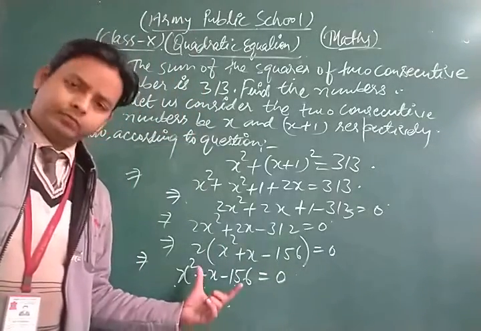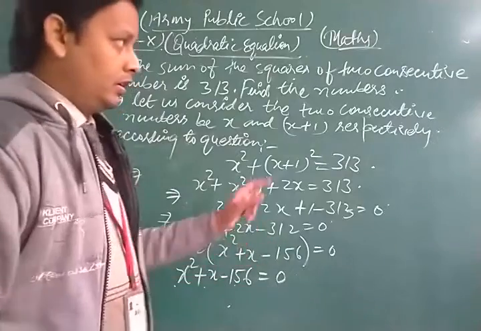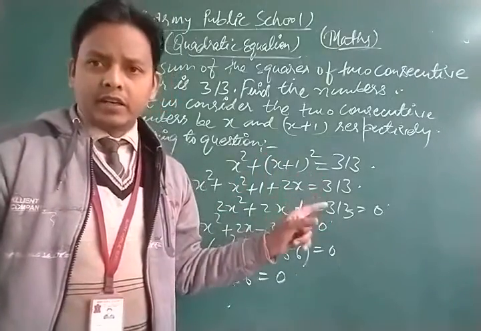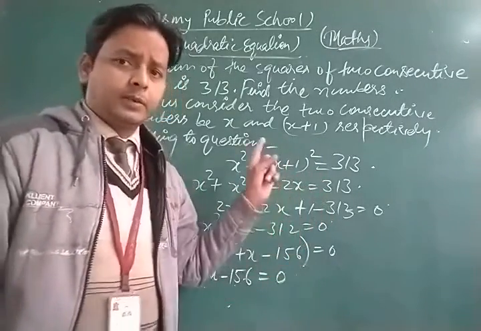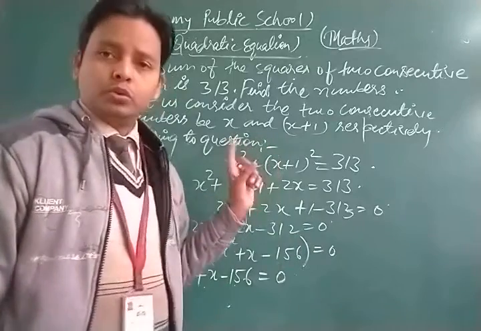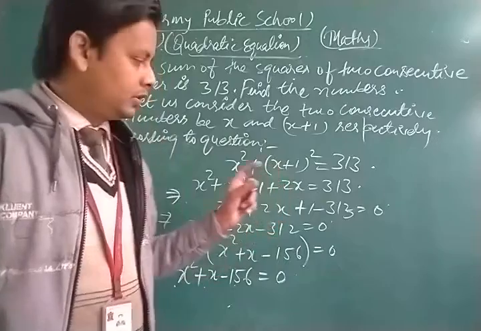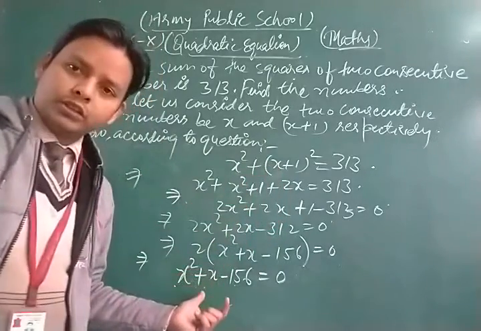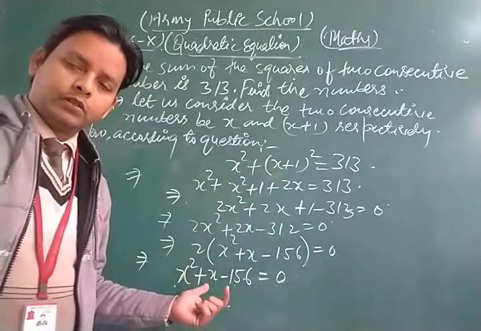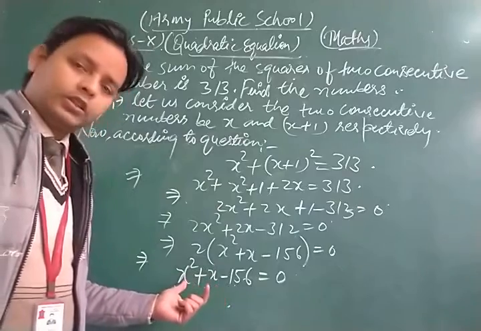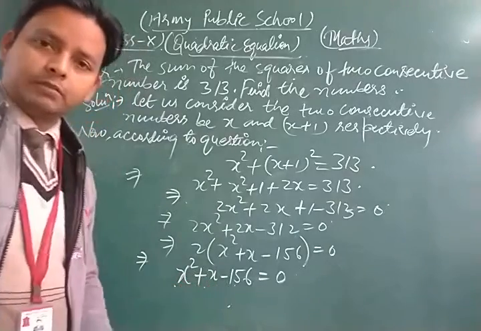So in this way, after simplifying the given question, we find a quadratic equation. Now we just factorize it. Let's see.